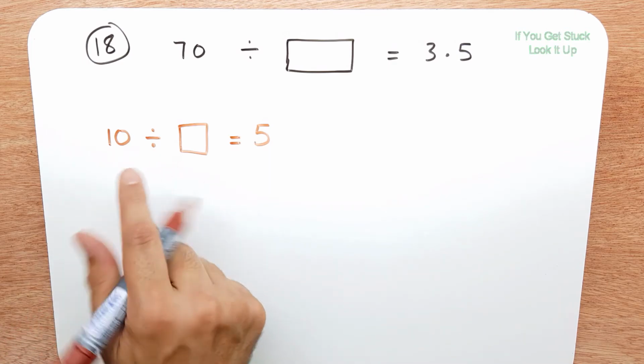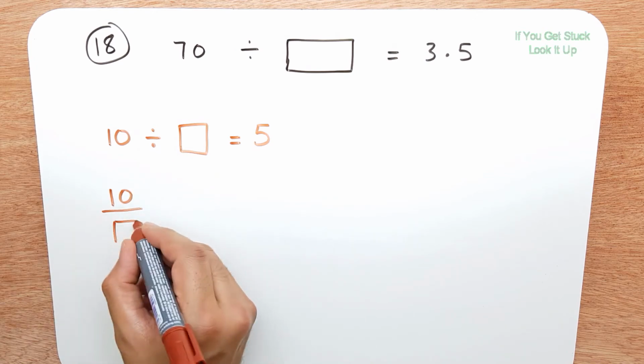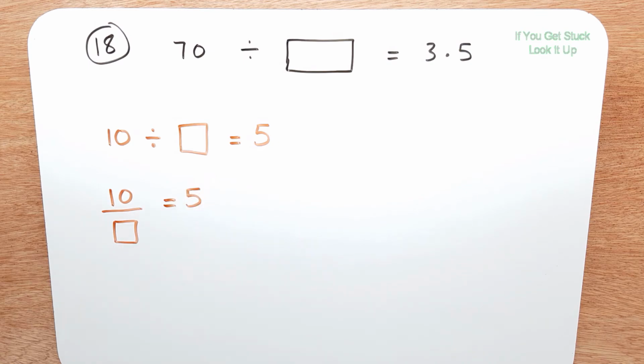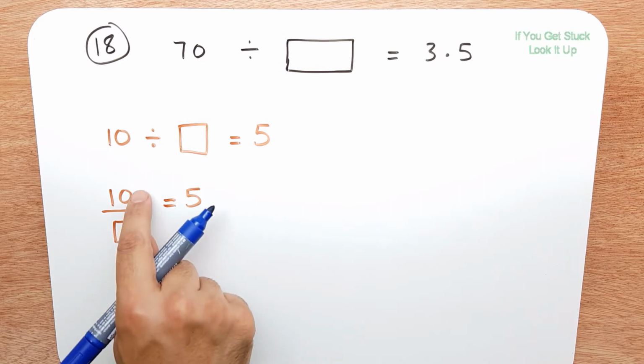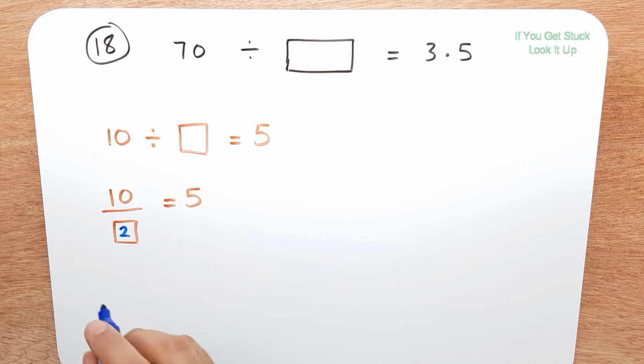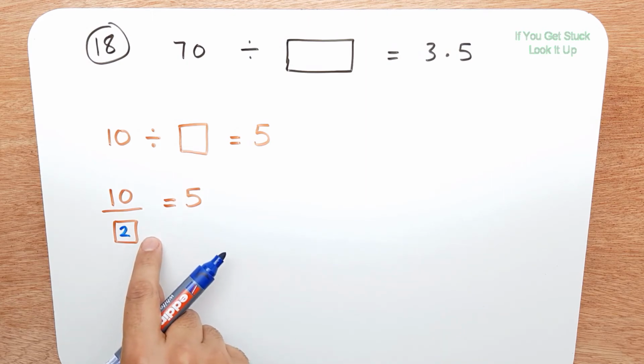What I like to do is do 10 divided by something equals 5. Now I know 10 divided by 2 is equal to 5, because this is a simple example.